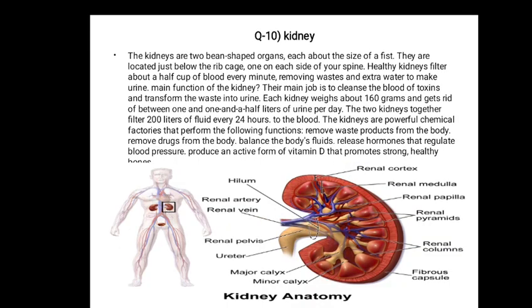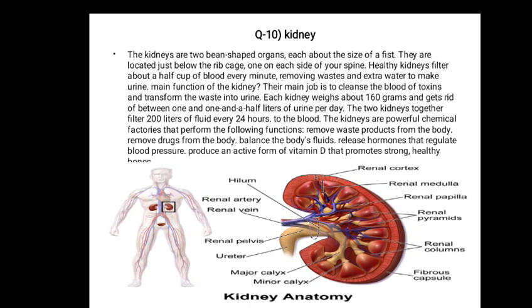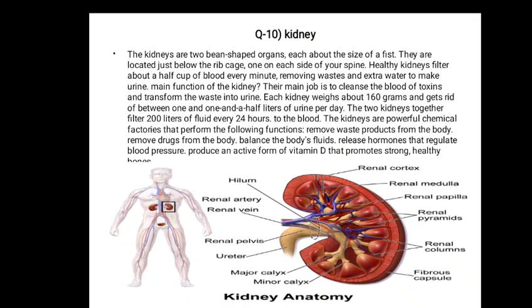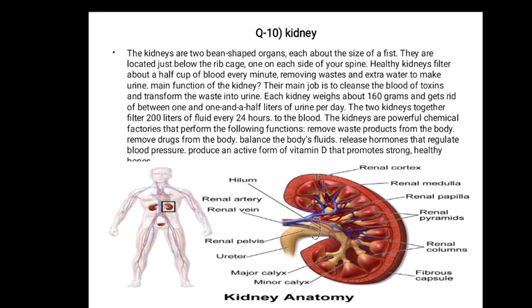Question number 10. Kidney. The kidneys are 2 bean-shaped organs, each about the size of a fist. They are located just below the rib cage, one on each side of our spine.